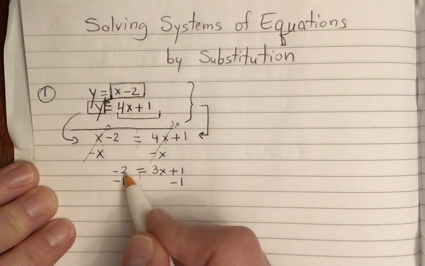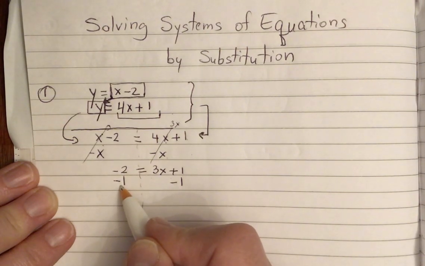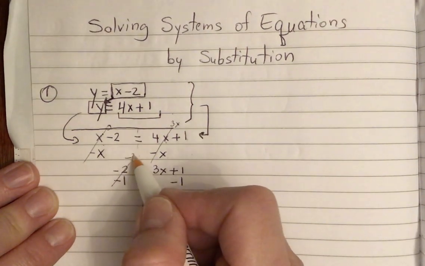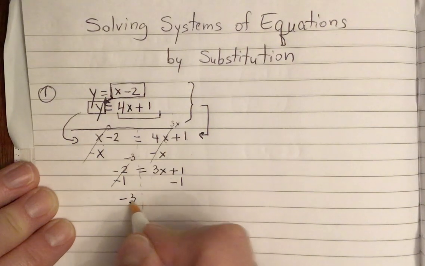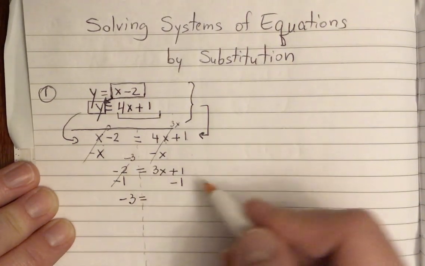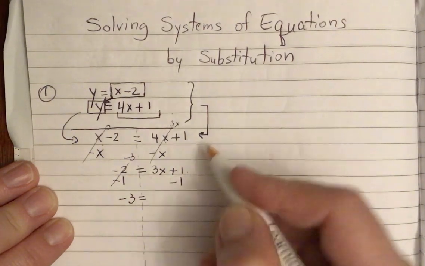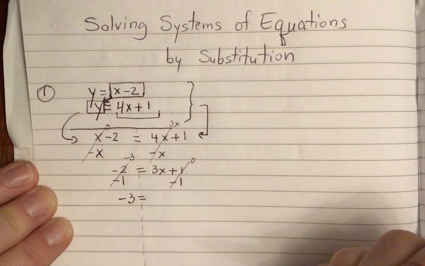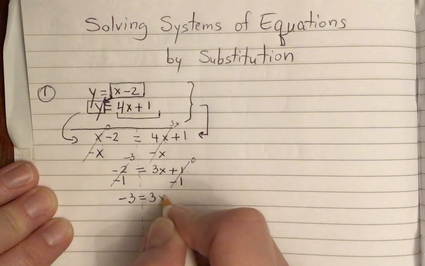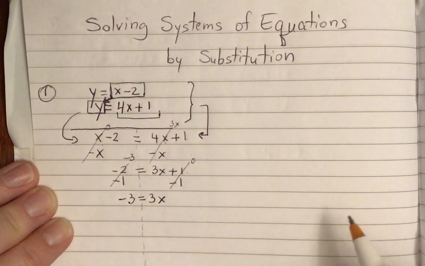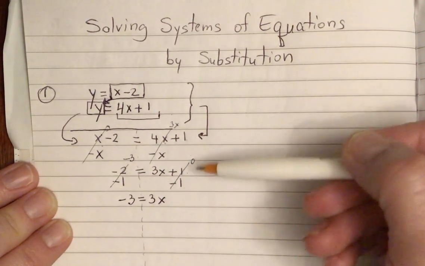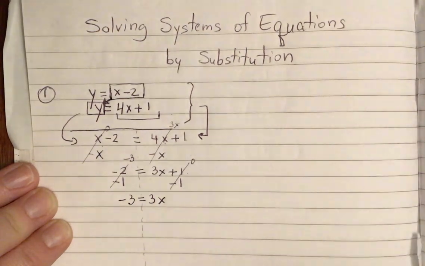Okay, so negative 2 and take away 1 more, that's negative 3. That's on the left. On the right, I have 3x plus 1 minus 1. Well, I know this is making 0, so that was a good choice. First, I had 4 terms, then 3, then 2.